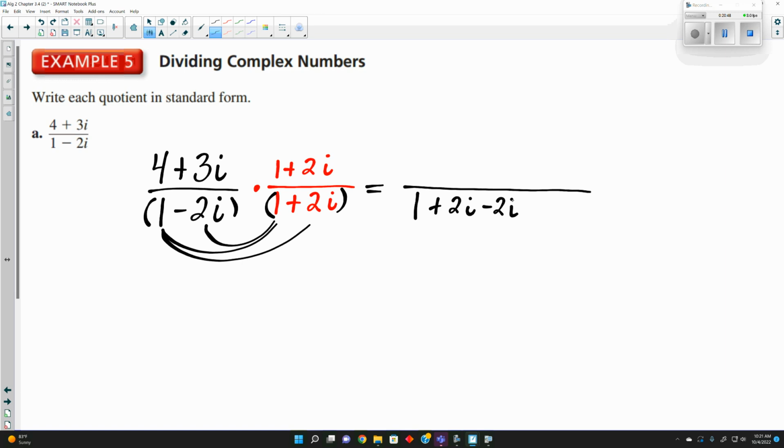And lastly, we'll have negative 2i times 2i, negative, that is 2 times 2, 4. You're good. Now the i squared is going to make this 4 positive. And the 2i minus 2i is going to become 0, leaving us with what? 1 plus 4, which is 5.